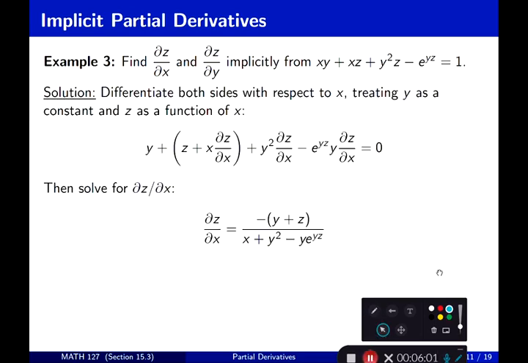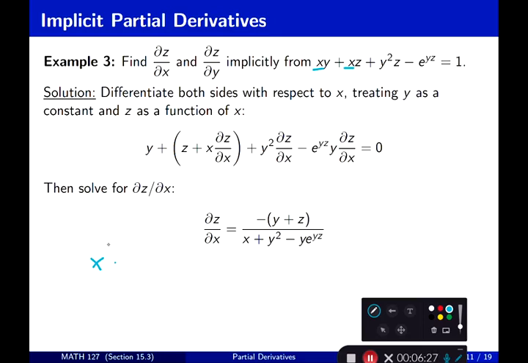So to do partial with respect to y, you have to set x equal to constant. So here, if x is equal to constant, the derivative of x times y with respect to y is just x.